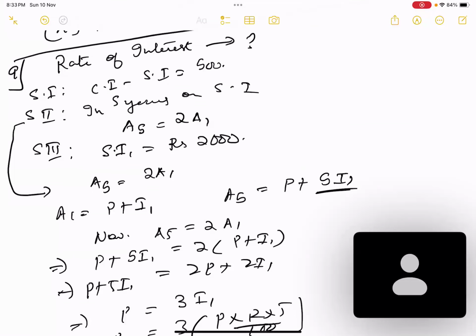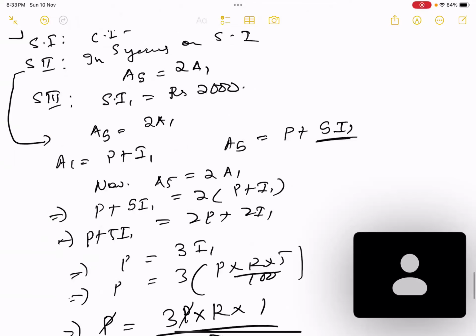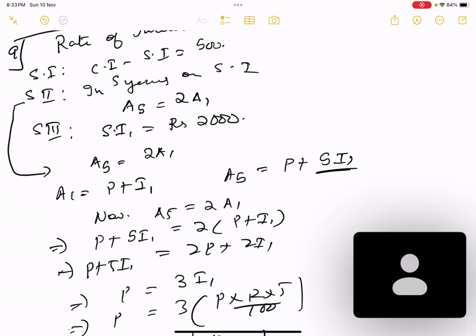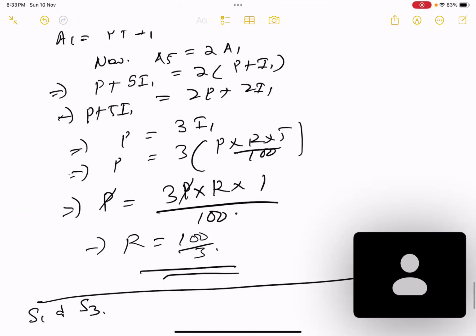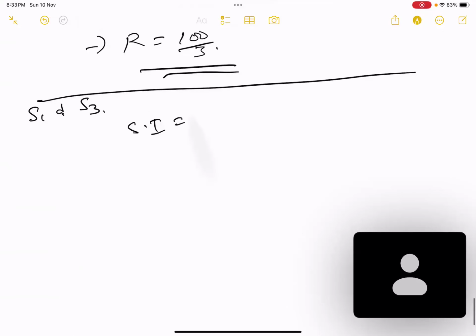Now let's take statement 1 and statement 3. Statement 3 says that the simple interest is 2000, right? Simple interest is 2000, which means PRT by 100 is equal to 2000.